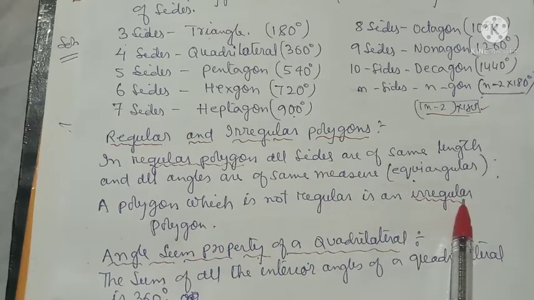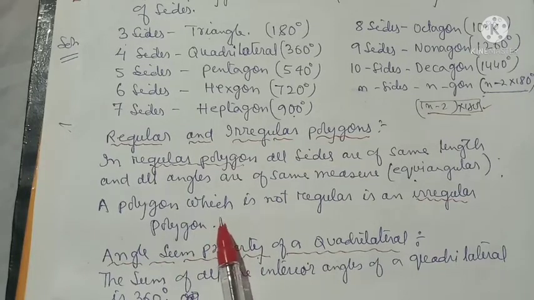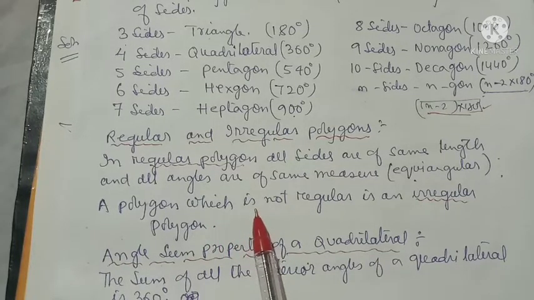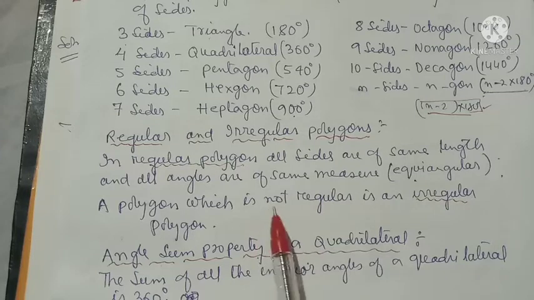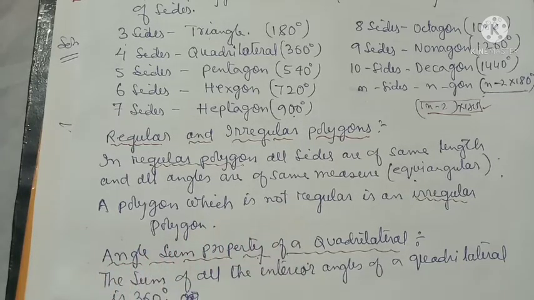A rectangle is an irregular polygon, where all angles are equal, that is equiangular, but not equilateral.